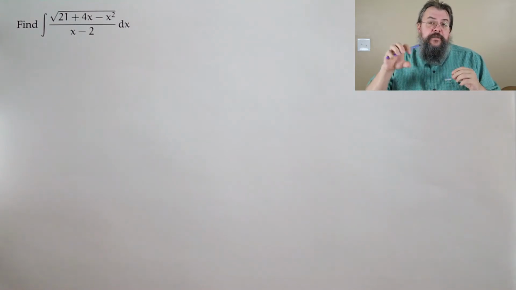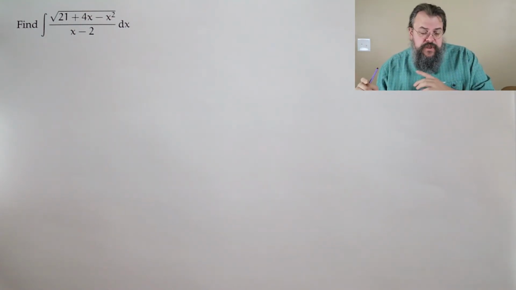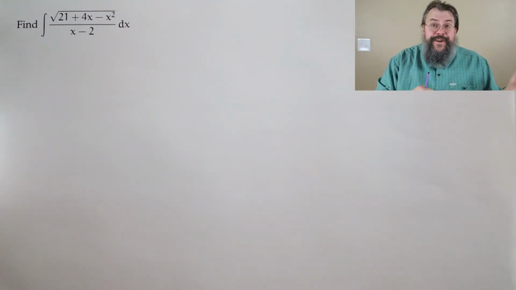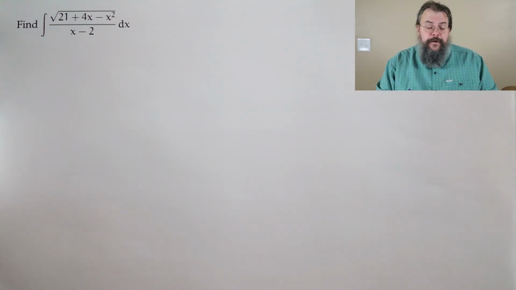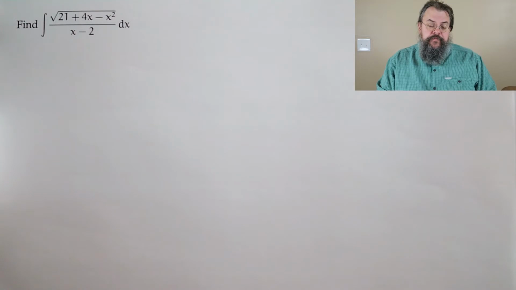So it's not a variable squared and a constant squared in some way. It's not written like that. So if we do want to pursue trig substitution, and to be honest with you, I don't see how to do it without trig substitution, we've got to take some time to rewrite what we have. So let's take some time to rewrite what we have and see what we end up with.